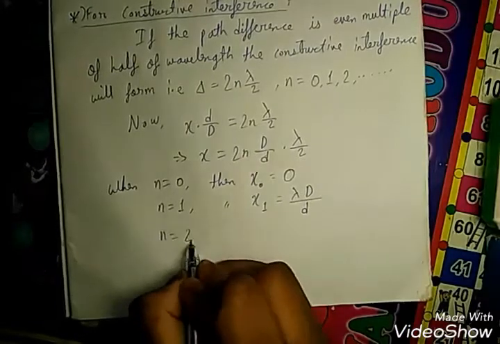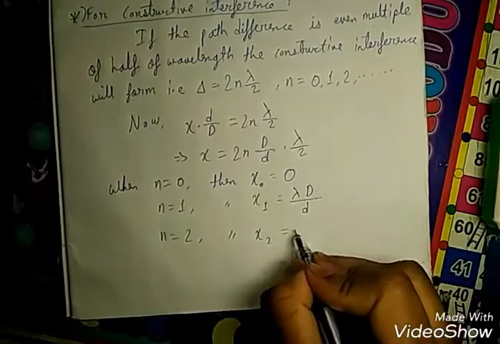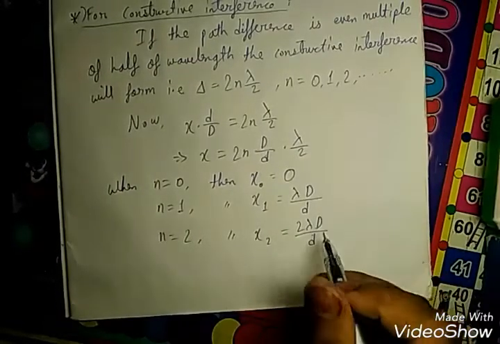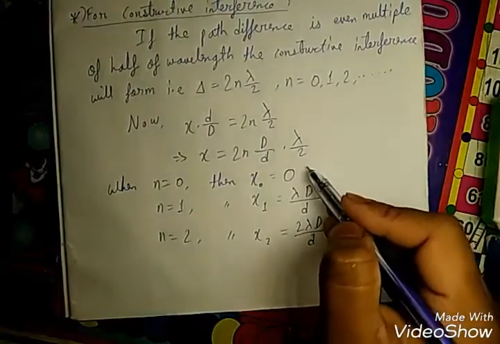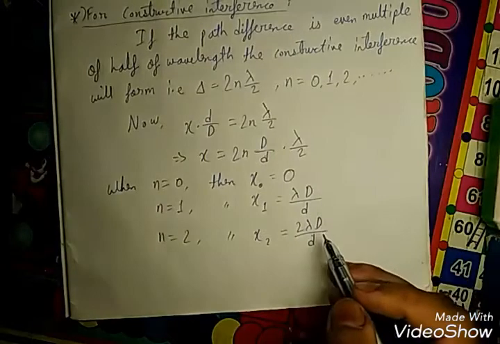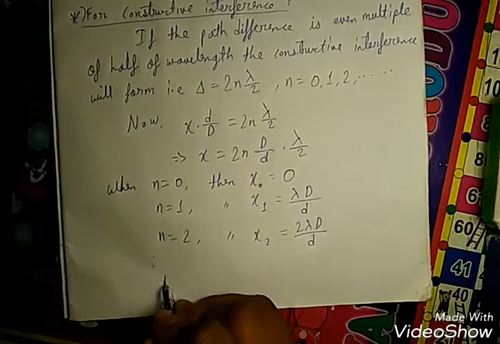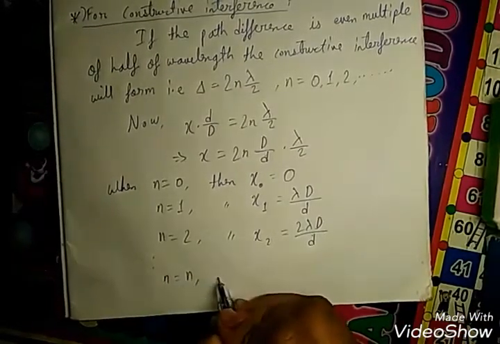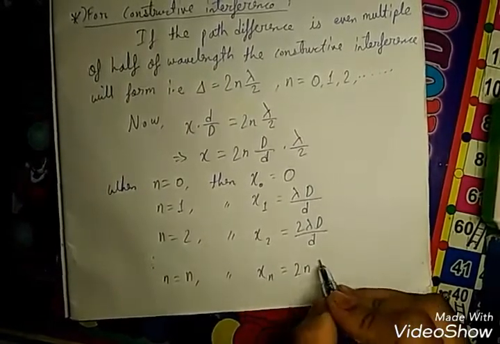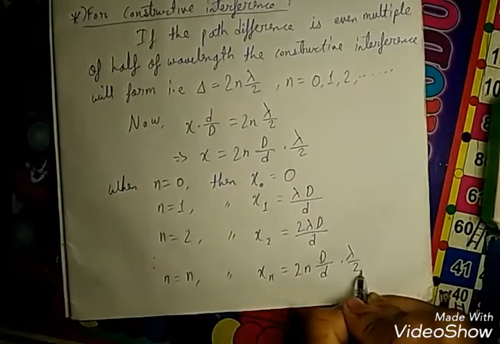Now when n is equal to 2, we get x2 is equal to 2 lambda capital D by small d. So here we can see the whole sum comes in a certain pattern. Now when we put n is equal to n, then xn is equal to 2n capital D by small d into lambda by 2.